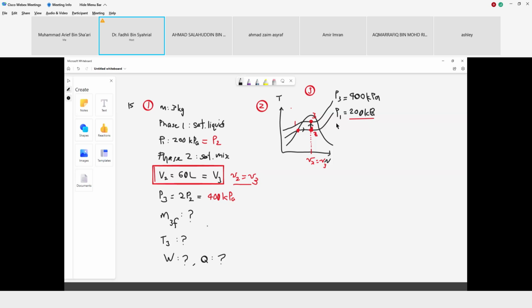Saya rasa itu saja yang boleh kita masukkan. Cuma in step number 3, we can actually analyze our diagram. For example, state number 1 here, the v1 is equal to vf at the given pressure.